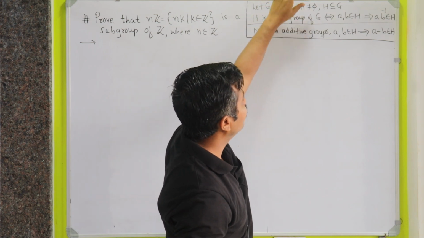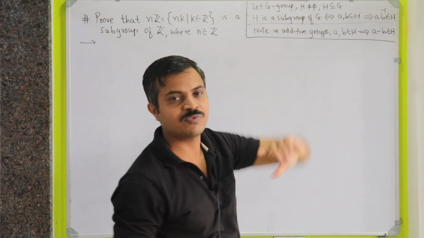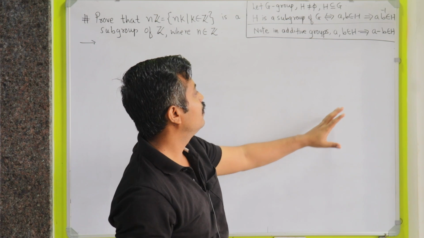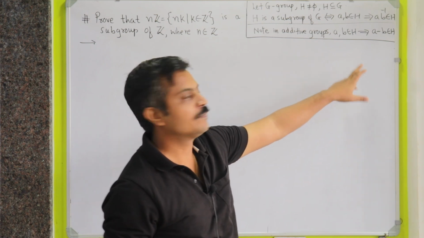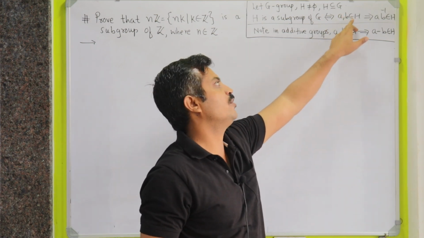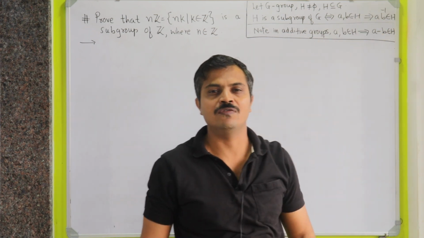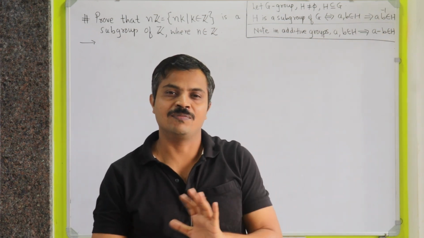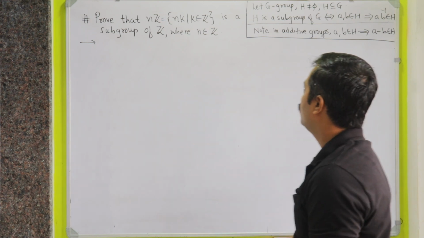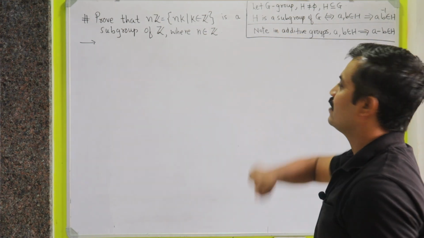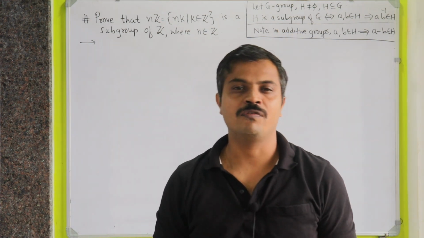Once we prove that, the test says take any two elements a, b of H and prove that ab inverse lies in H, and this much is sufficient to conclude that H is actually a subgroup of G.